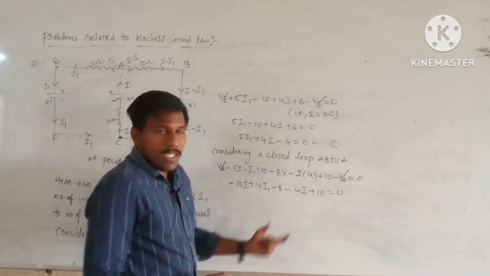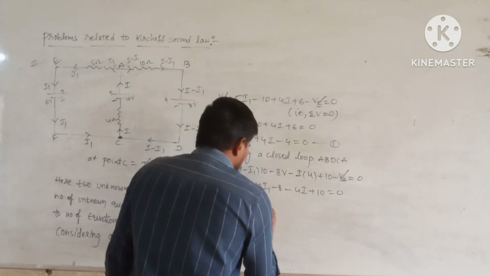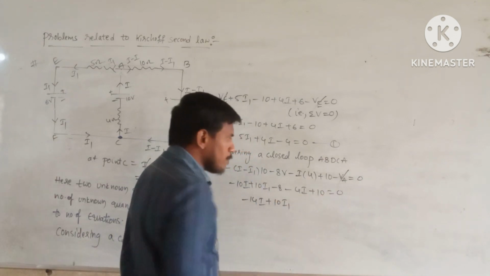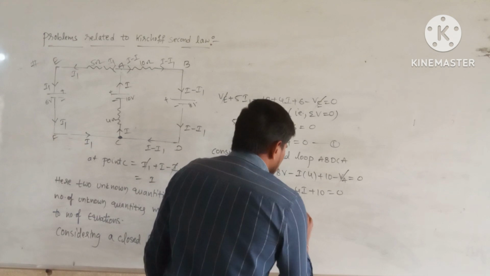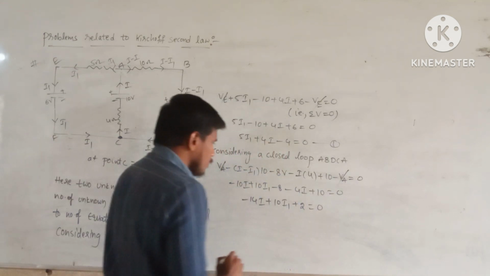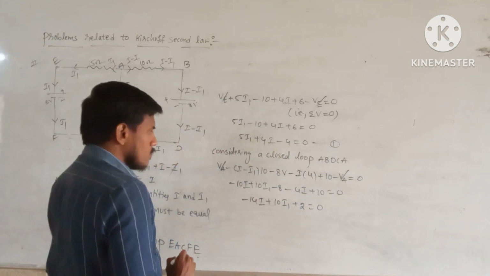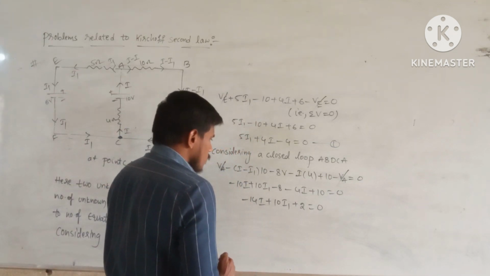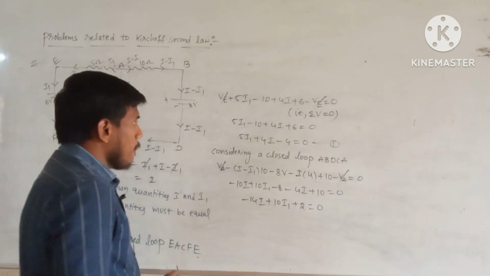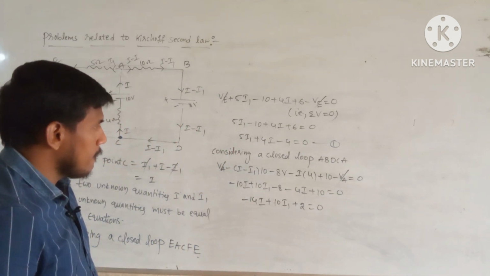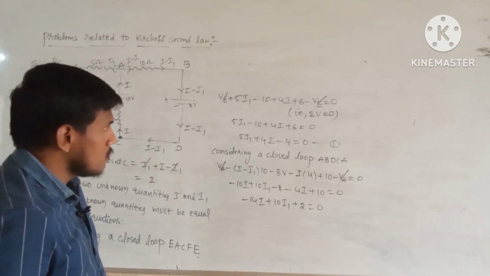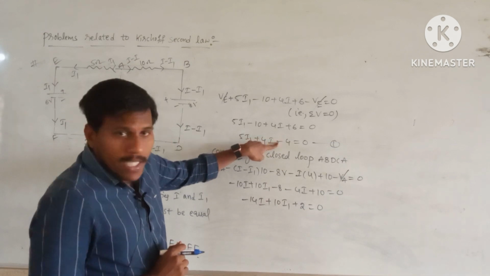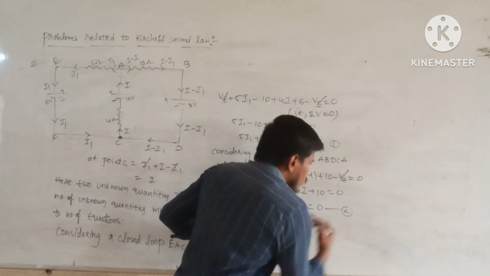Minus 10I minus 4I, minus 14I plus 10I1 minus 8 plus 10, plus 2 equal to 0. Let this be equation number 2.